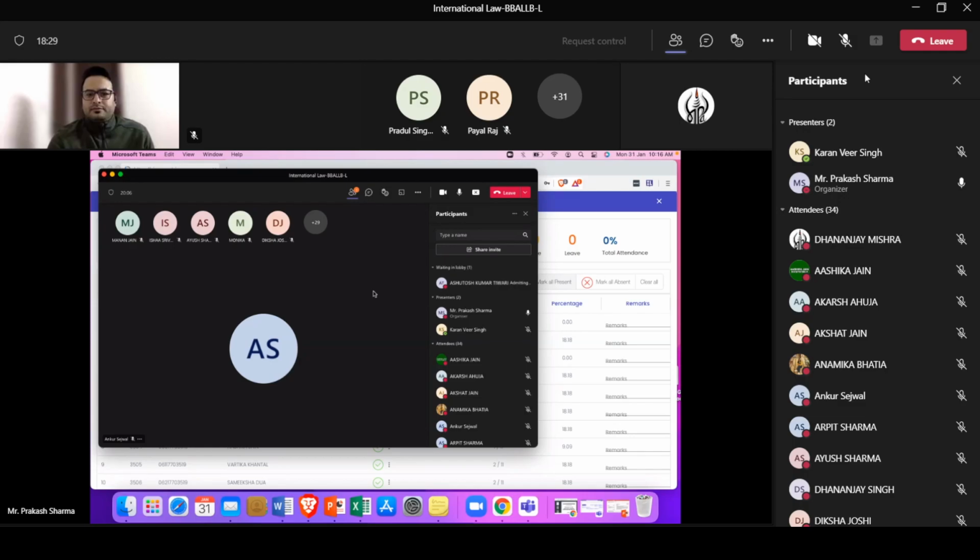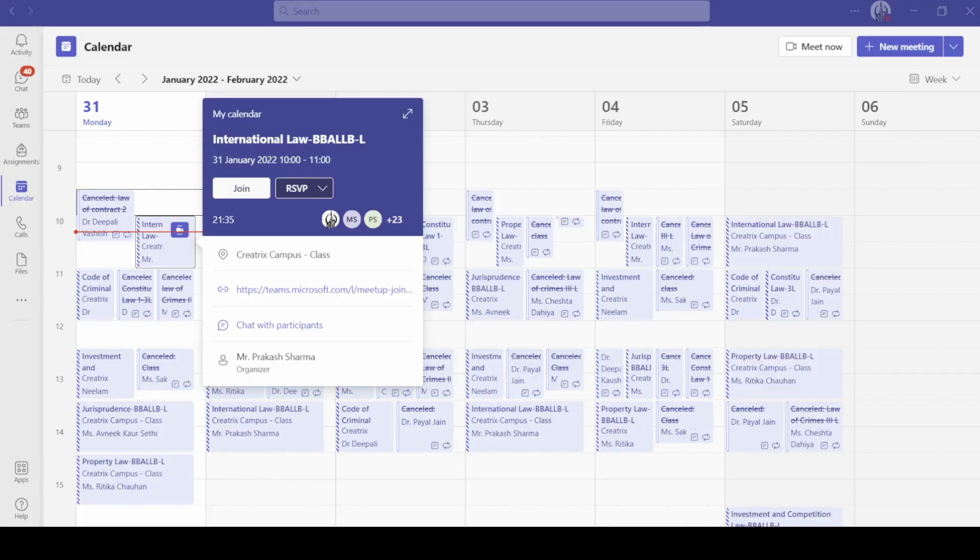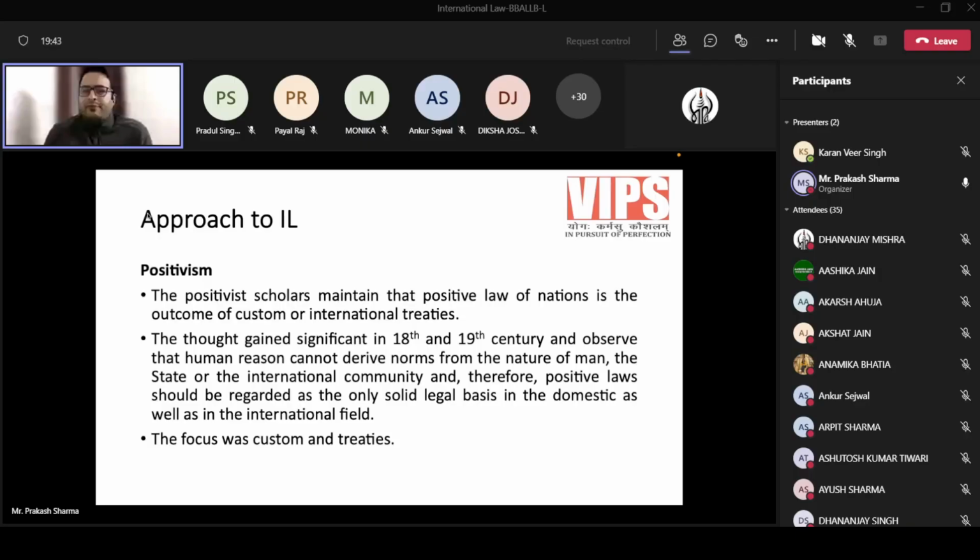Naturalist, because that's the oldest school that came into existence in terms of understanding the jurisprudence of law. So they will always be there, right? Natural law was greatly influenced for a great part of the period until international law was perceived as a subject, but its importance reduced vastly in the second phase.